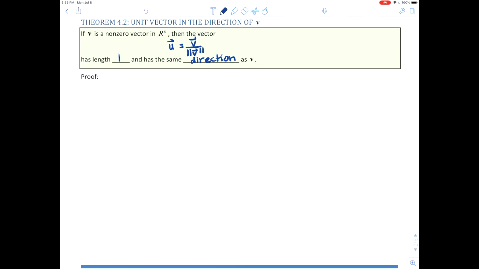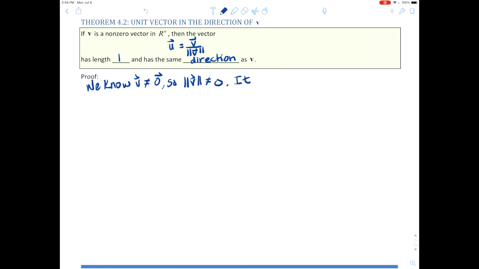All right. So the proof for this is, we know, and this is the reason it'll work, we know that v is not equal to the zero vector. So the magnitude of v is not equal to 0.